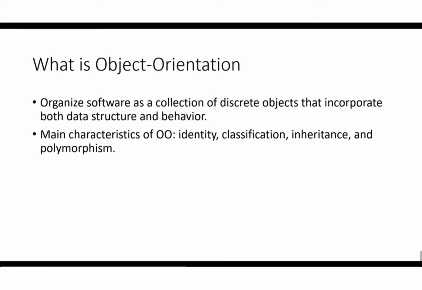Before the appearance of object orientation, there were also different kinds of techniques for modeling or developing systems, for example, the process-based method. In the process-based methods, the data structure and the behavior are stored or implemented separately.